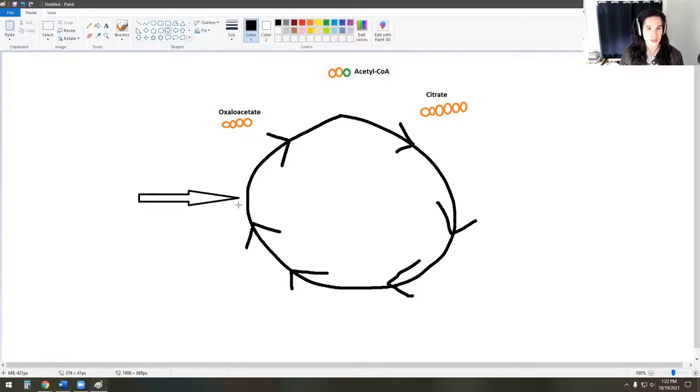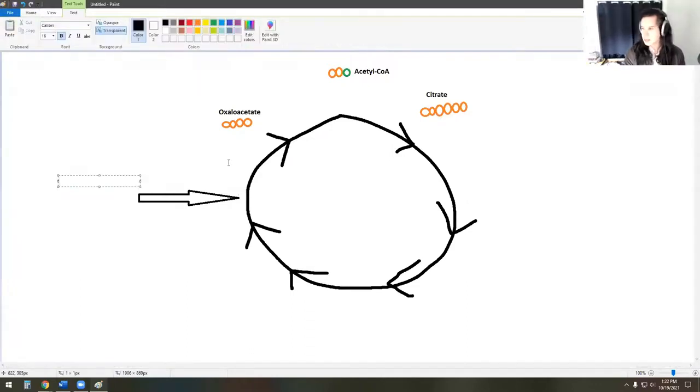What is going into this? If you're making NADH, you're going to probably start with NAD plus, FAD. If you're making ATP, you're going to start off with ADP, right? We don't even need to know numbers here. So that's probably what you're bringing to it.